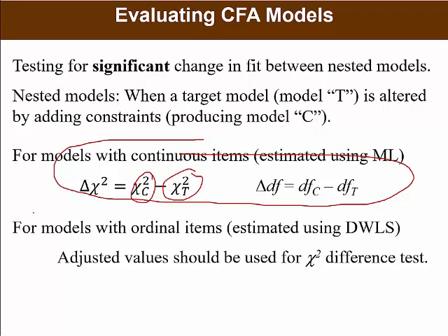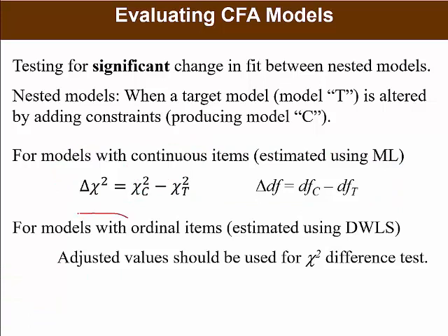Then finally, I note down here at the bottom that if we're using ordinal items, like what we probably are for evaluating a questionnaire, if I have discrete or ordinal items, say with 5 or 7 levels of response option for each item, that's what we've talked about before. We talked about how we could estimate that with diagonally weighted least squares.